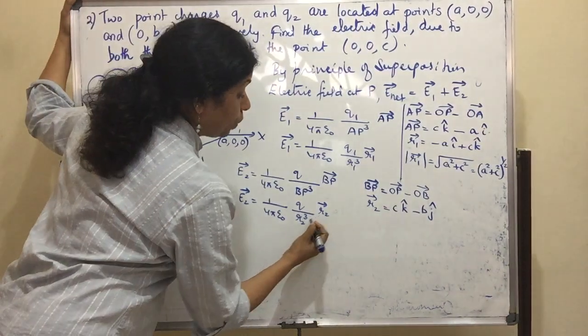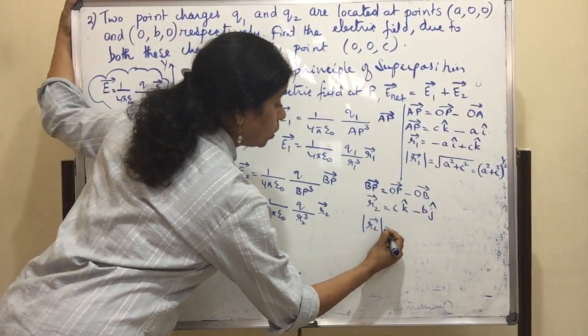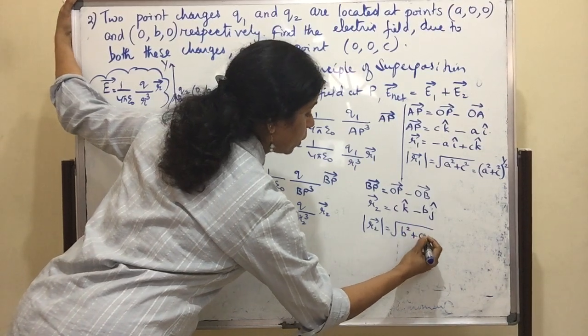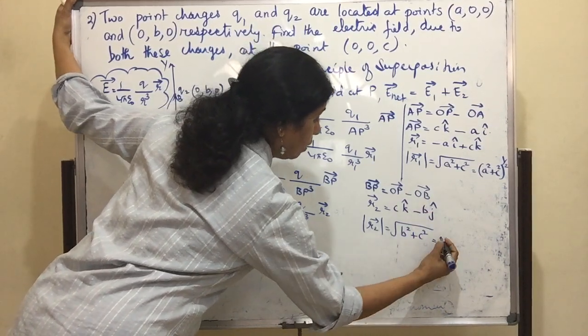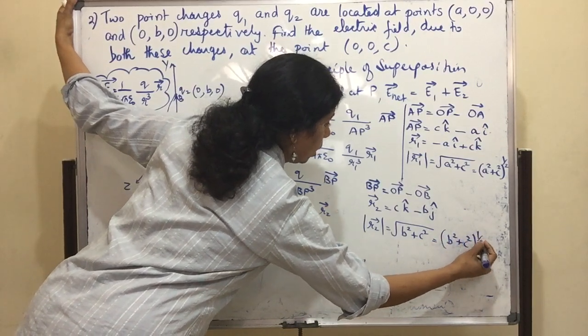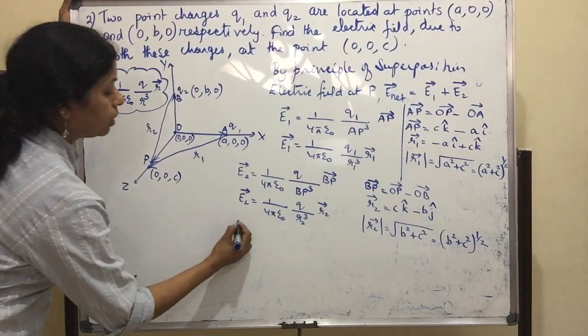So we have to write R2 also. Modulus of R2 vector is equal to root of B square plus C square. I just wrote B first, okay? So you will get B square plus C square the whole raised to half. So that's done. So what is E2 vector?